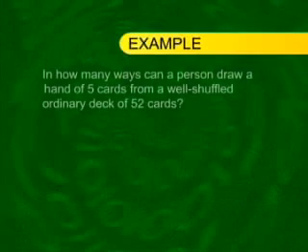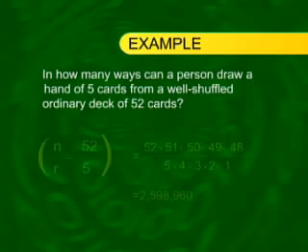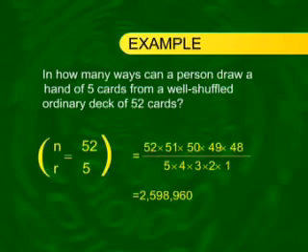As you now see on the screen, the question is: in how many ways can a person draw a hand of 5 cards from a well-shuffled ordinary deck of 52 cards? The answer to this question is also found by finding all possible combinations of 5 cards out of 52 cards, which is given by 52 factorial over 5 factorial into 52 minus 5, that is 47 factorial.